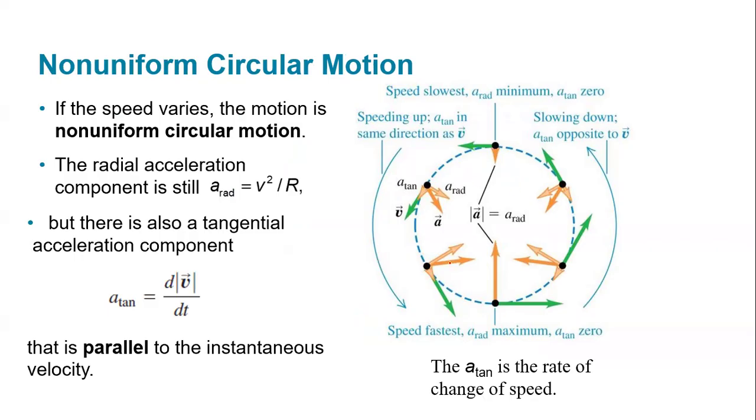Instead of just having the radial or centripetal acceleration, if the speed varies, you will now have a component of acceleration we call the tangential acceleration, which is just equal to the rate of change of speed. Okay, the rate of change of speed. So it is parallel to the instantaneous velocity. And the one that is perpendicular to the velocity is called the centripetal acceleration, which is equal to a_rad, or v squared over r.